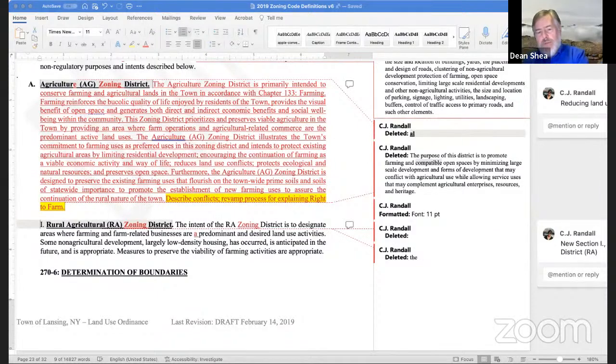So if we're doing site plan on these potential homes in the ag district, this could be part of that process, to go through that form. And it's not necessarily going through the form. The form just says that they're located in an agricultural district and farmers have the right to farm, which involves noise, odors.